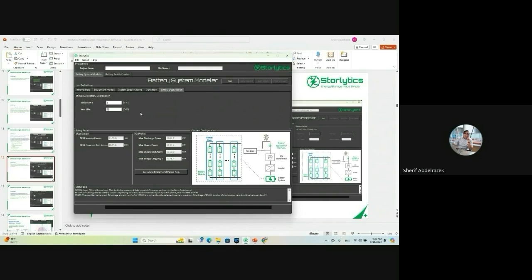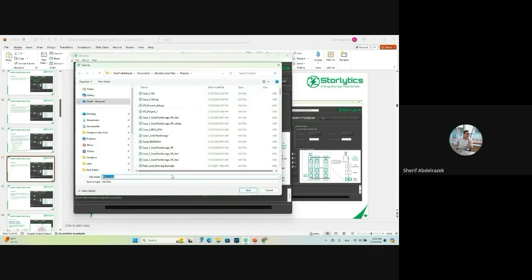All right, year life: we said the project is a 20-year project life, so we're going to simulate 20 years worth of battery degradation. And here, we're going to name our project base case. For now, let's turn off daily state of charge steer, and click run. Let's make sure we save base case.